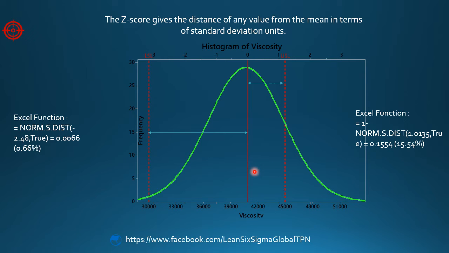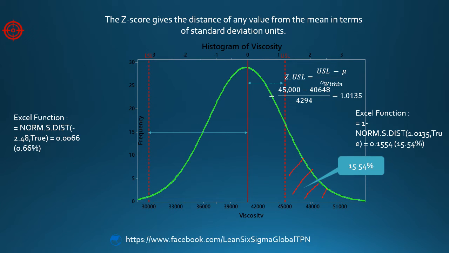The formula is shown here, giving a z-score of 1.01. Using the standard normal distribution, we calculate the area above the z-score that corresponds to the upper specification limit.